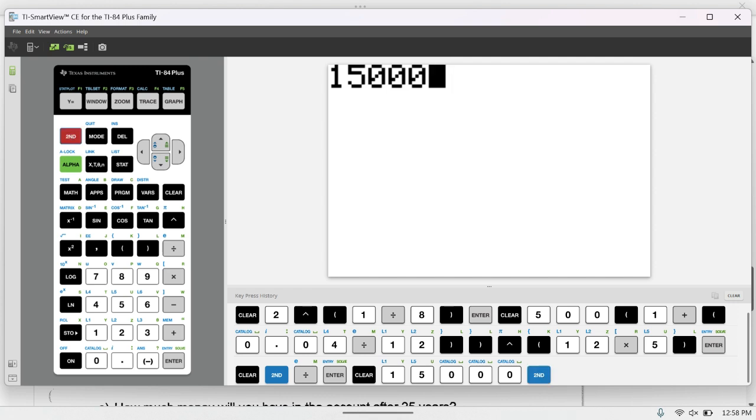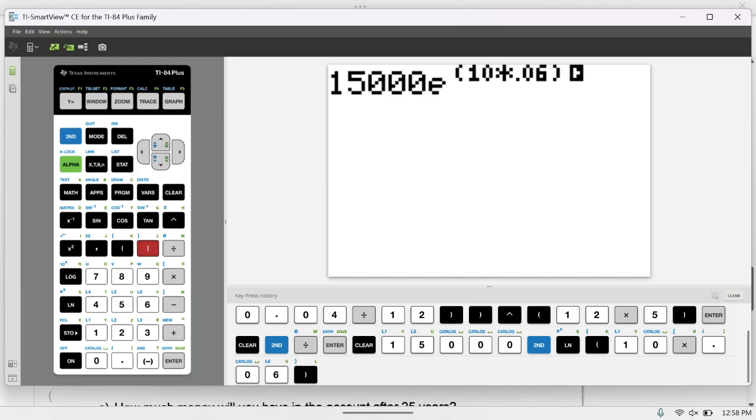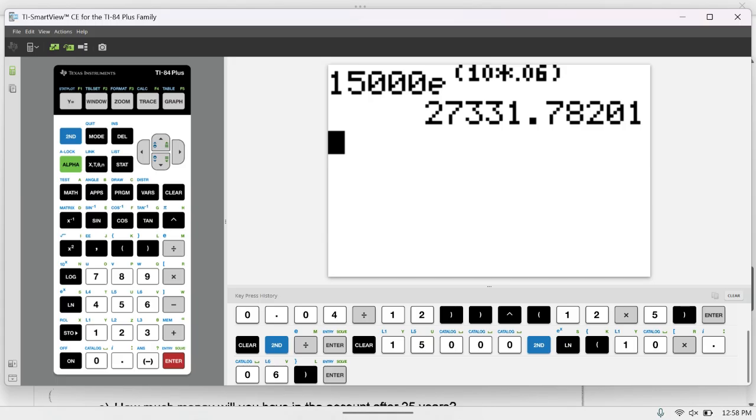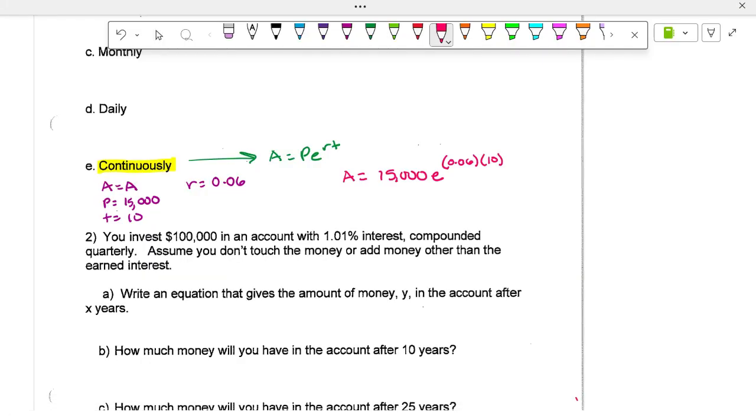So I'm going to hit second, LN, and type in parentheses, 10 times 0.06. And I actually get a number. After 10 years, we will have $27,331.78 if it's being compounded continuously, meaning it's not a certain number of times per year, it just keeps going. So A is equal to 27,331.78.